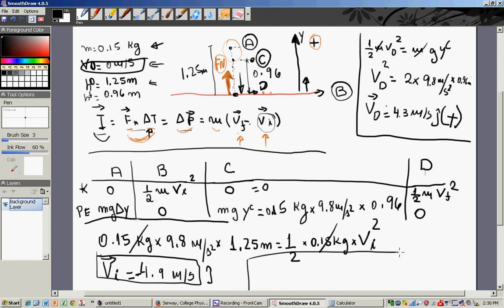Therefore, my impulse is going to be equal to the mass times the final velocity, which is a positive 4.3 meters per second in the j hat direction, minus the initial velocity, which also turned out to give me a positive number.